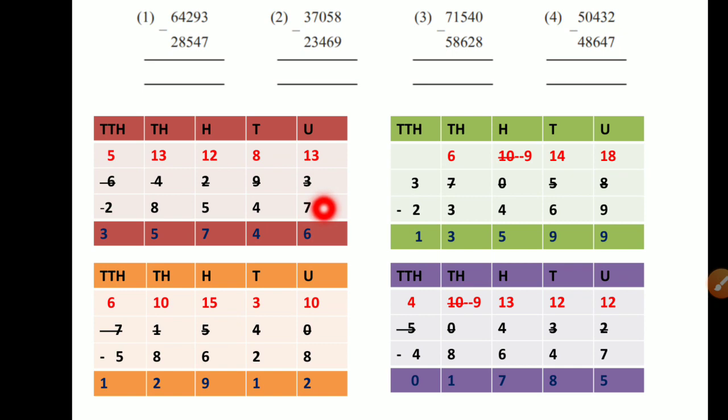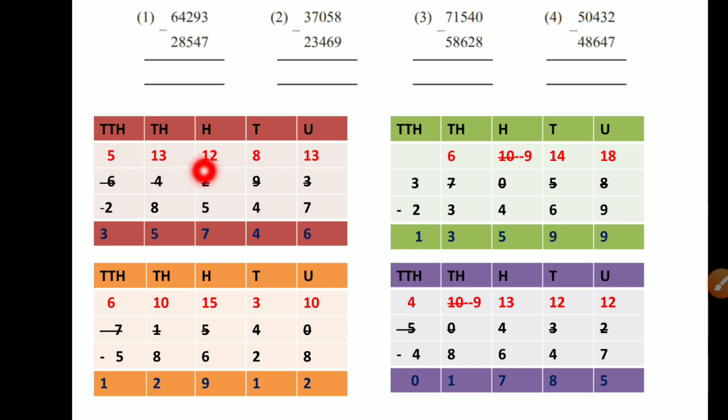3 minus 7 not possible, will borrow from 9. So cancel 9 and write 8 and borrow 1 from 9. This is 13. 13 minus 7, 6. 8 minus 4, 4. Now 2 minus 5 not possible, then we'll borrow from 4.